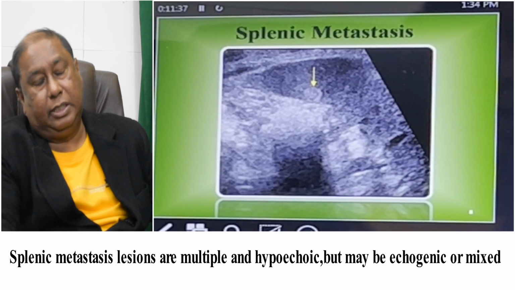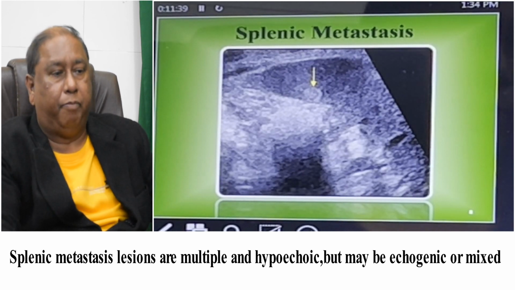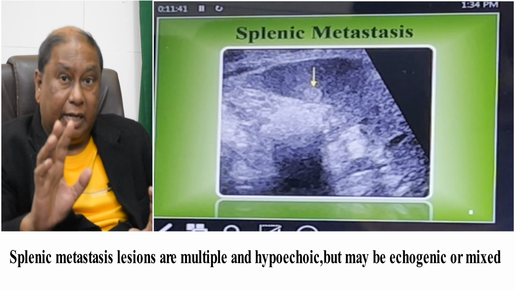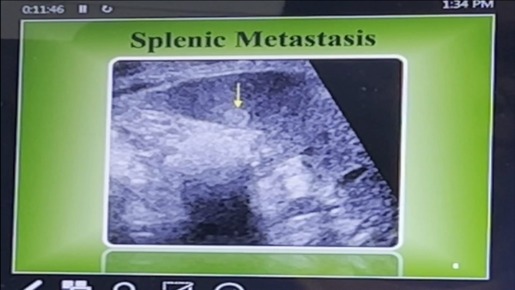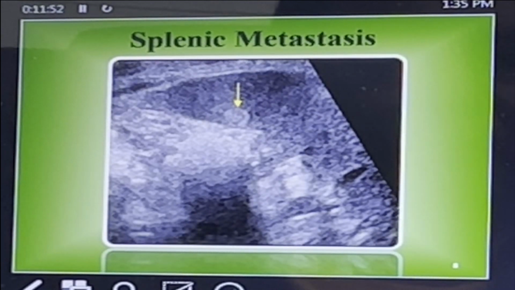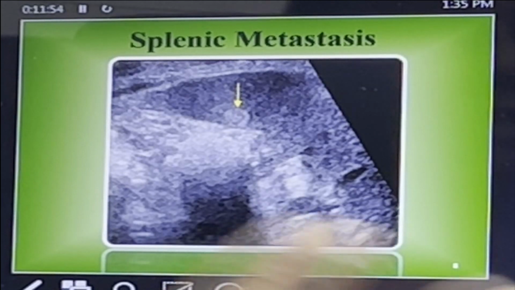Splenic metastases are generally multiple and they are hypoechoic, but here you are seeing it is echogenic. Maybe echogenic, like here. And sometimes it is mixed, hypoechoic and echogenic.